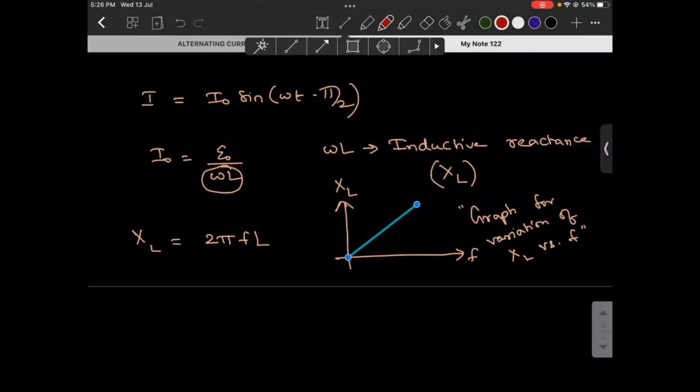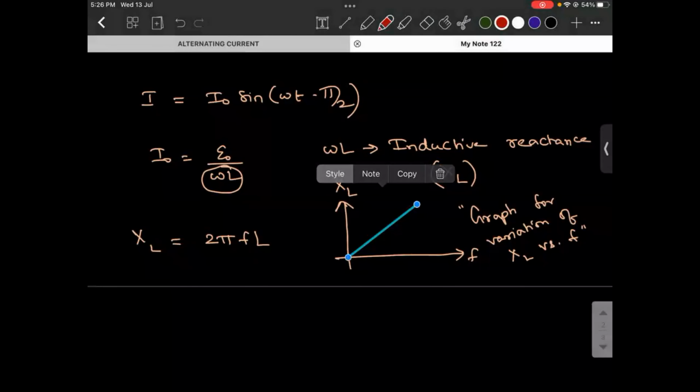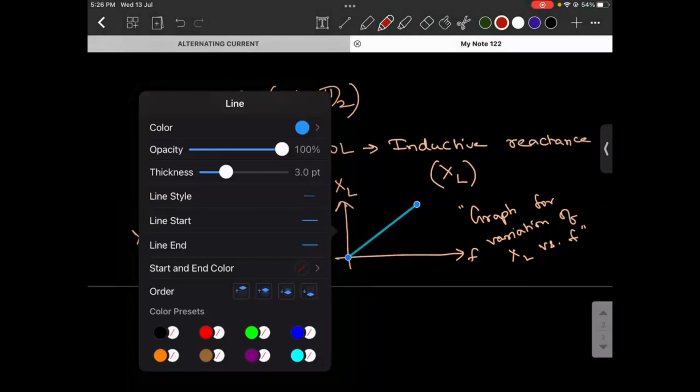Sir, can you scroll up one? Sure. Variation of XL, inductive reactance, versus f, which is frequency.